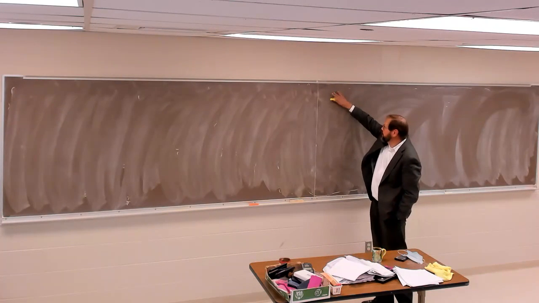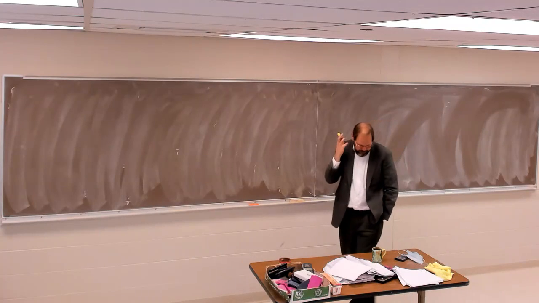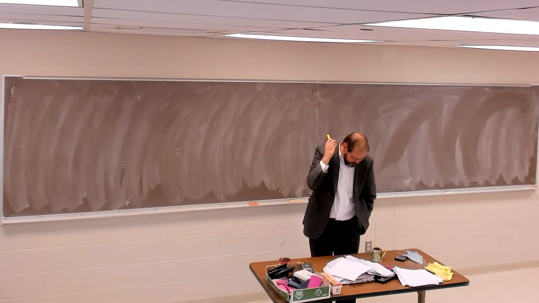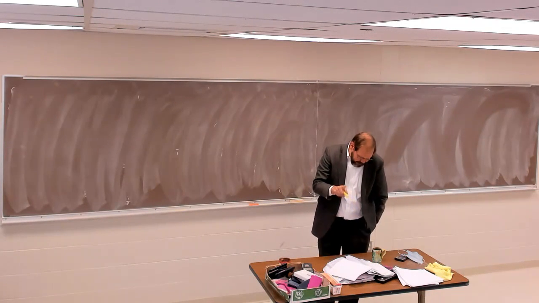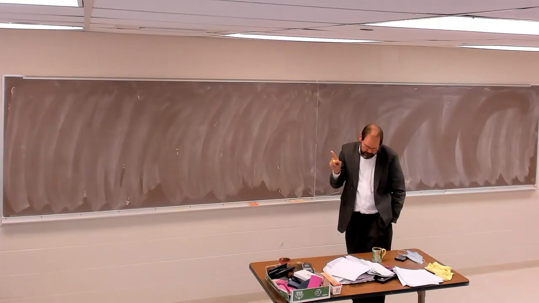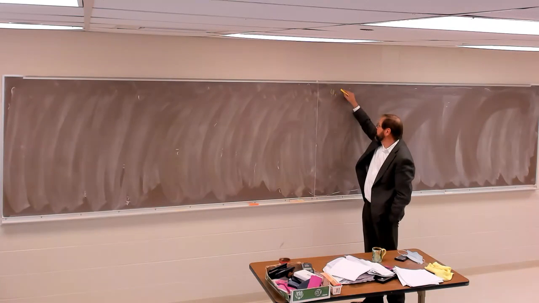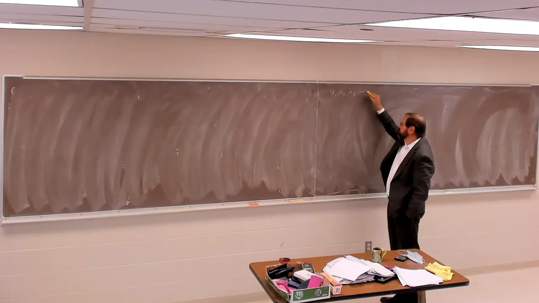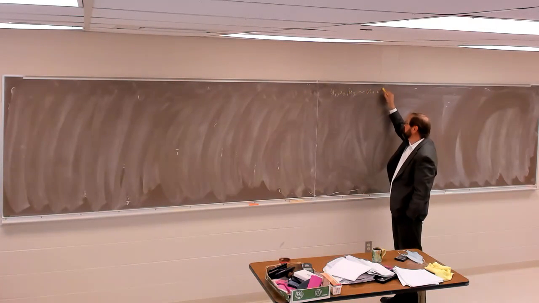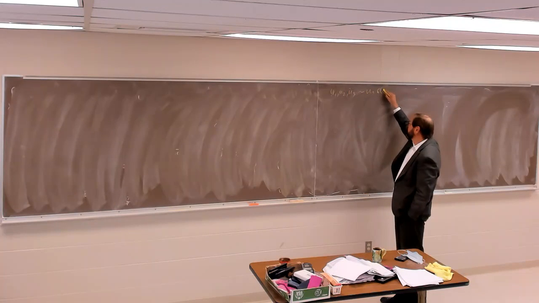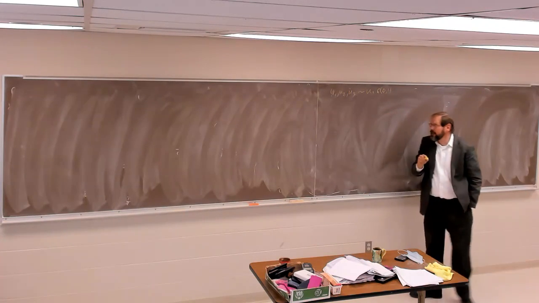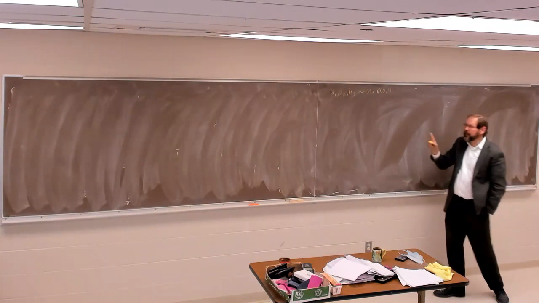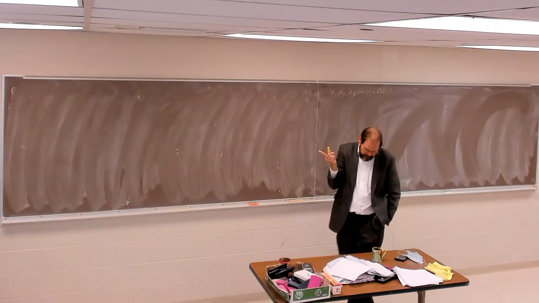Because what we have here, let's just set it up and then figure out what we can do with it. If U1, U2, and U3 are all uniform, standard uniform random variables on 0 to 1.